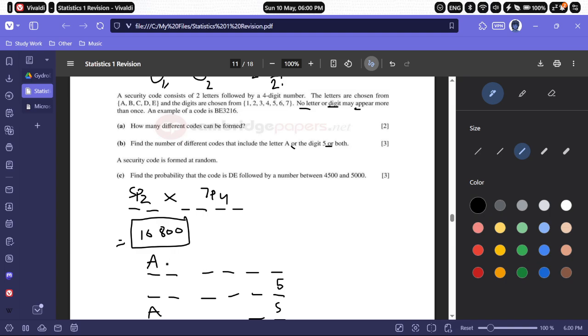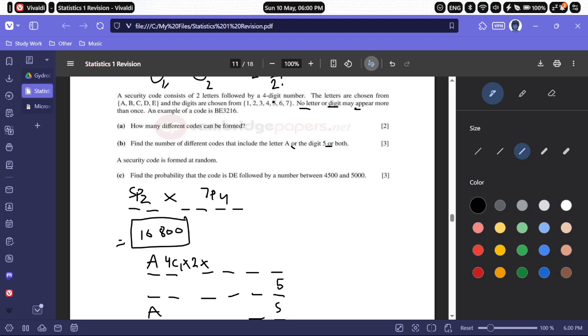So first you do 4C1. Now keep in mind that they didn't tell you that A has to be at the start or anything, so you have to arrange A and the letter that you choose as well. So that would be times 2 factorial.